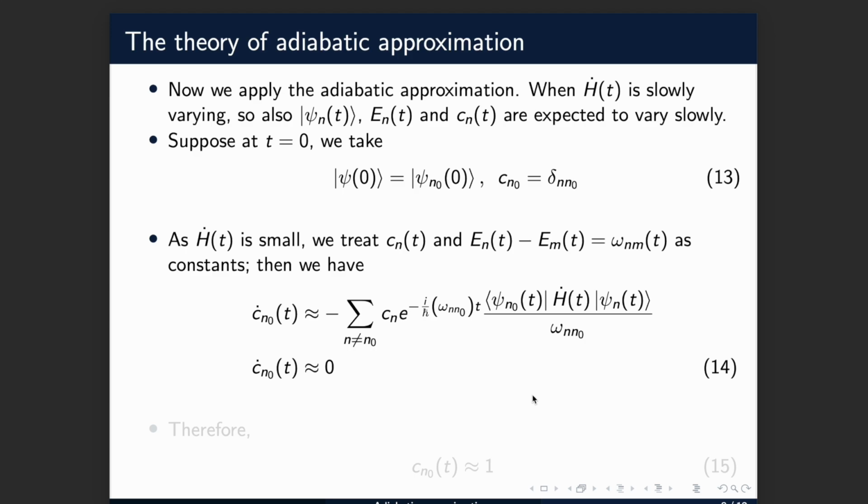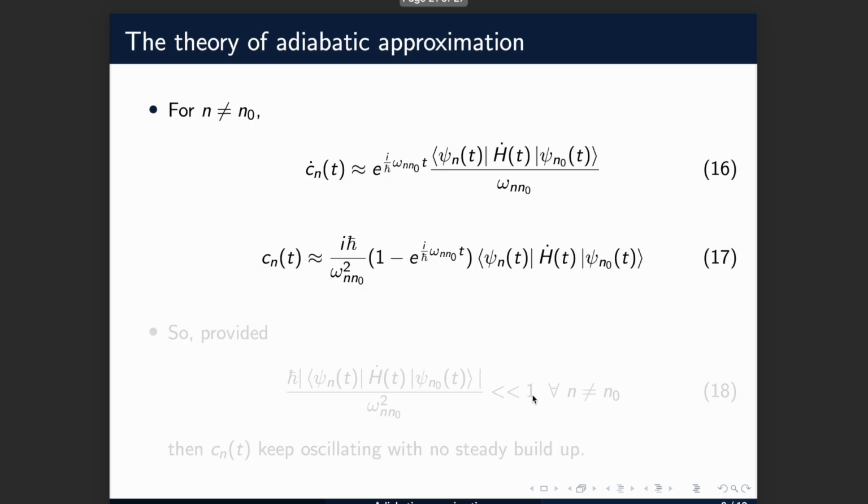Since all the coefficients are considered as constants and n is not equal to n naught, all of them go to 0. So we will have the derivative of c n naught as 0. Therefore the coefficient attached to the n naught vector turns out to be approximately equal to 1.